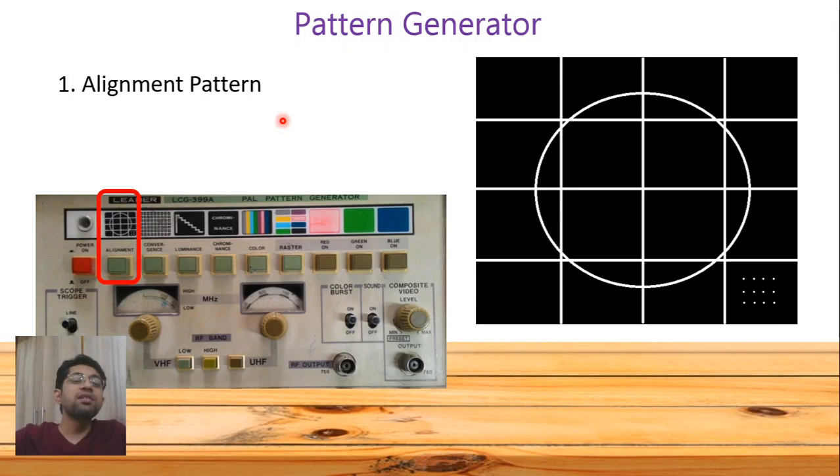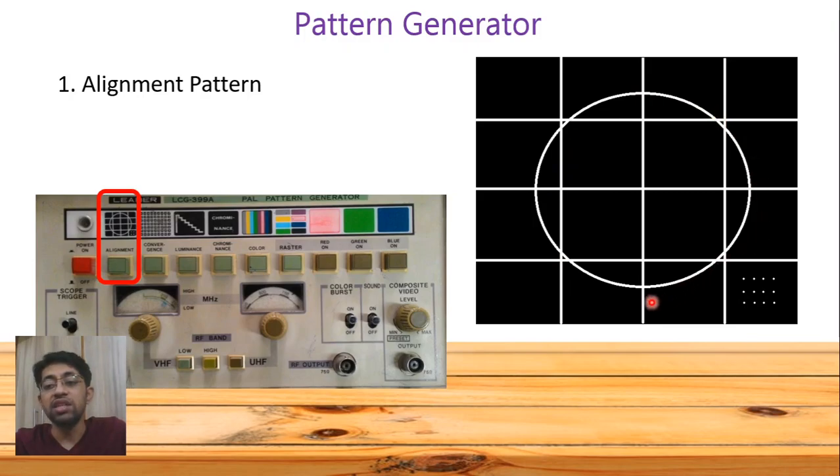The first pattern is the alignment pattern, and it looks like a black background with a white circle. This pattern is useful for picture centering on the TV set. One has to apply this pattern onto the TV and check the centering of this circle.